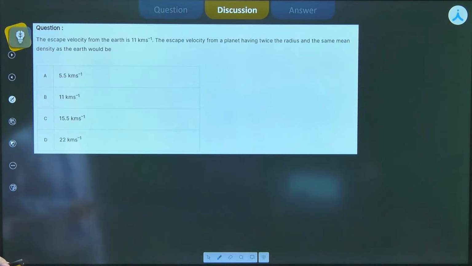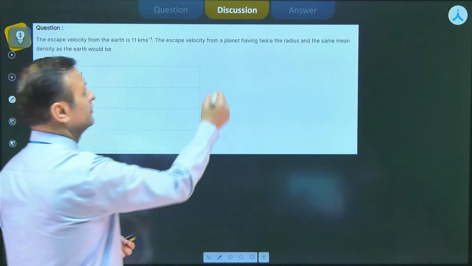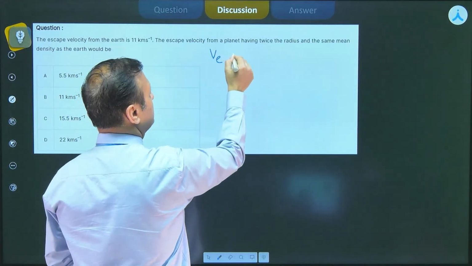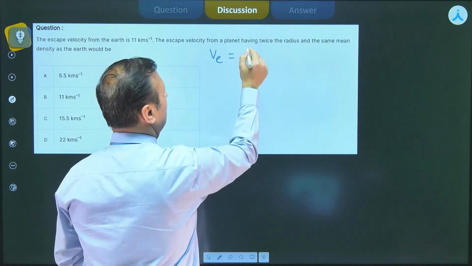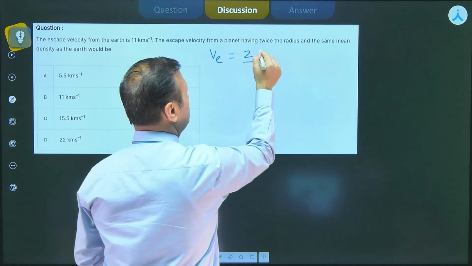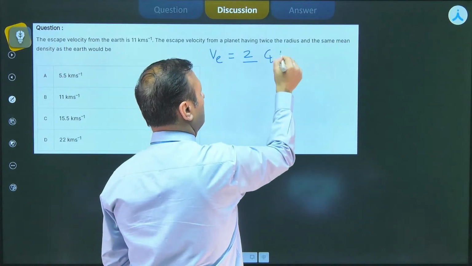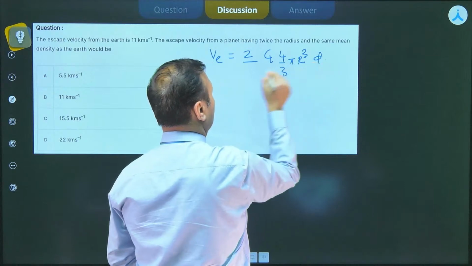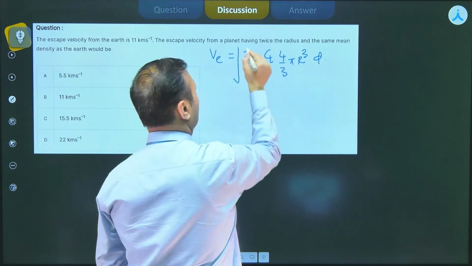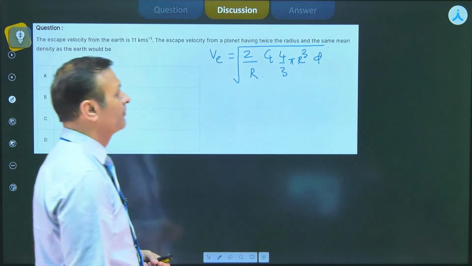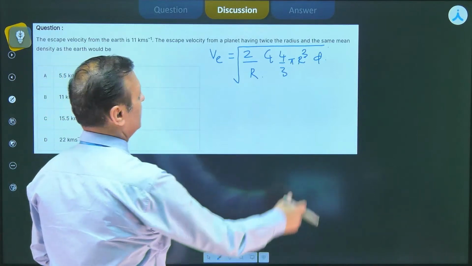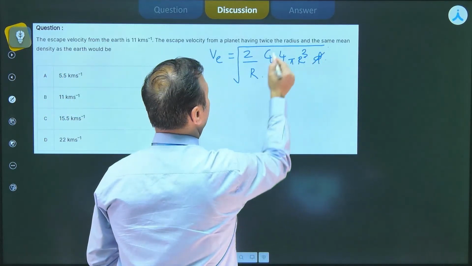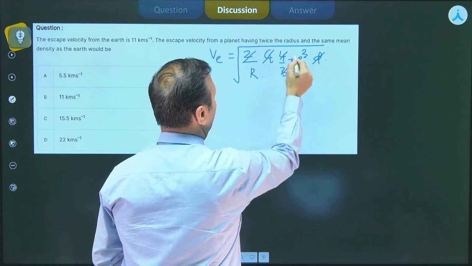The escape velocity from Earth is 11 km per second. Find the escape velocity from a planet having twice the radius and the same mean density. So escape speed is root of 2GM by R. With the same mean density, this is constant, this is constant, all these are constant.